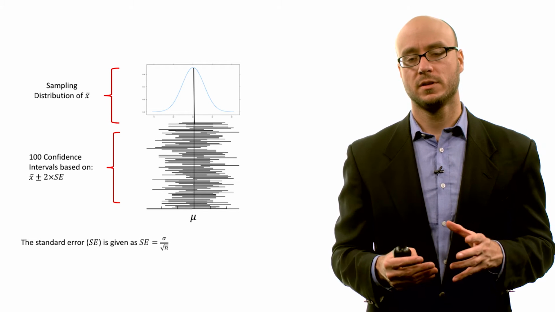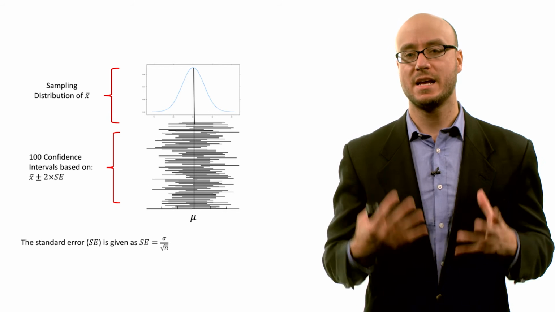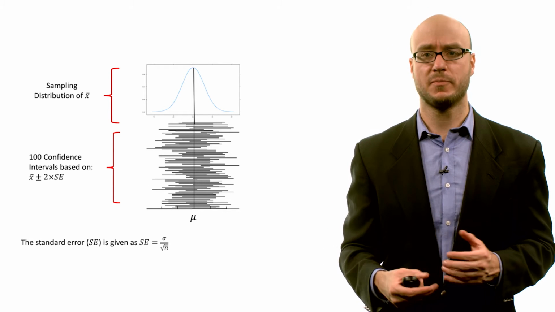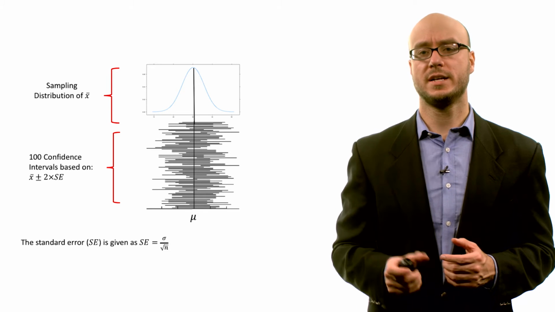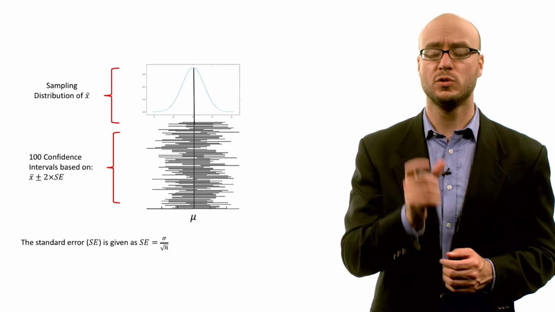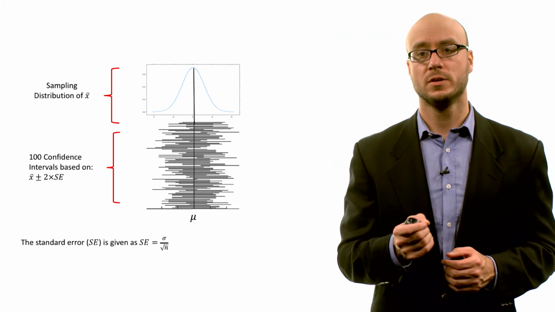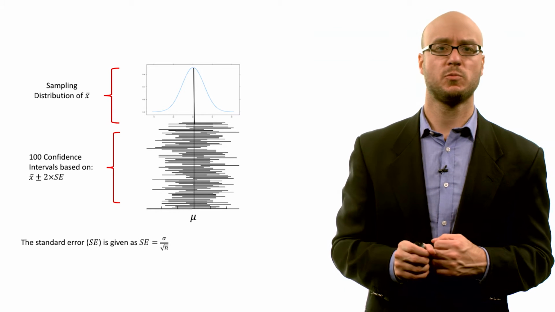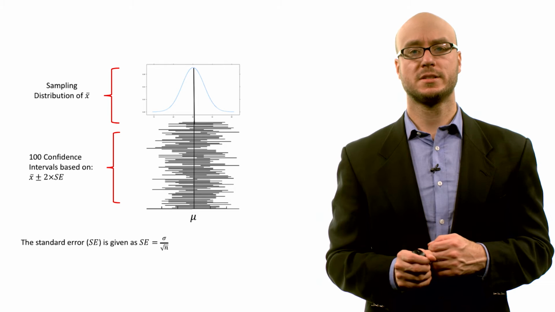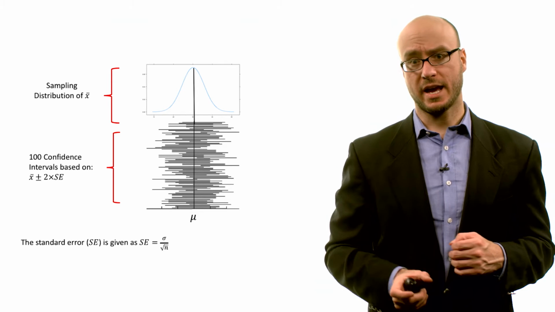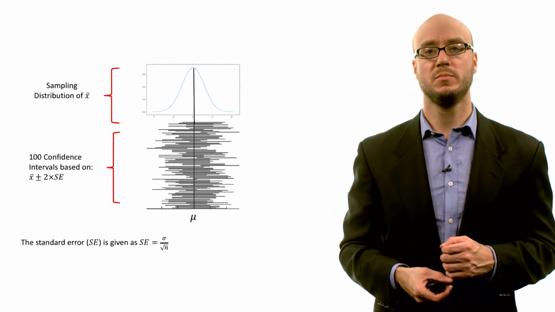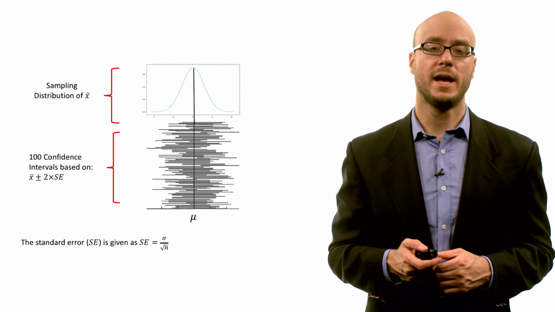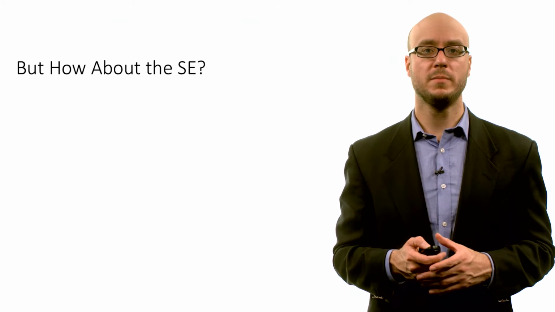But in general, because here we're constructing approximate 95% confidence intervals, we'd expect about 95% of these interval estimates to capture the true population mean mu. You can see about 95% of these 100 or so interval estimates, or confidence intervals, contain that true population mean mu, which is denoted by that vertical black line marked by mu.